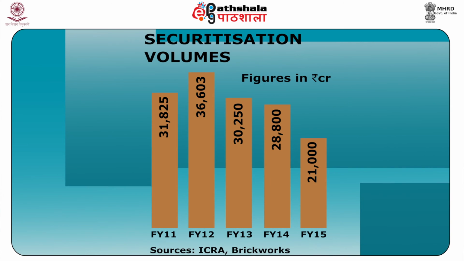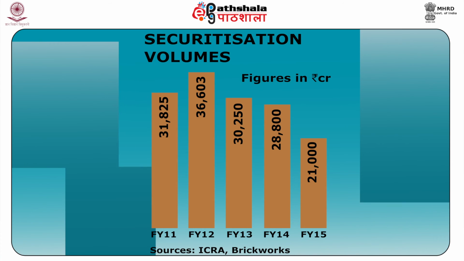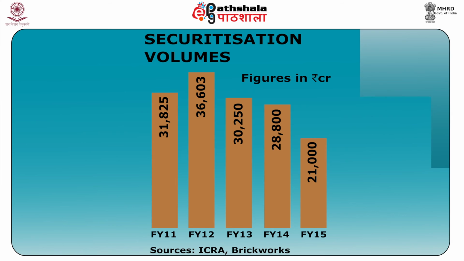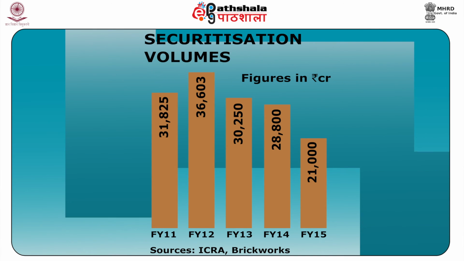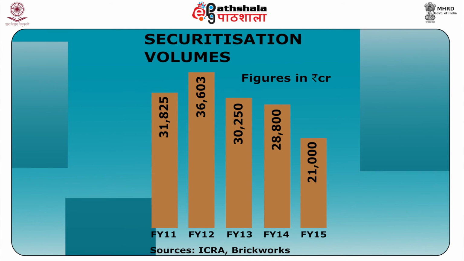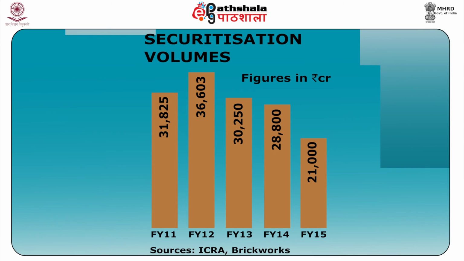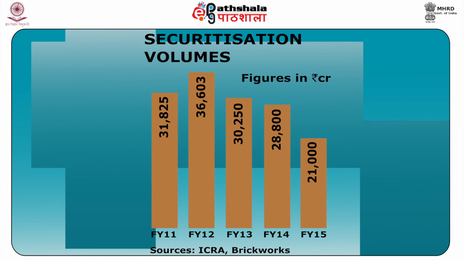As per data released by ICRA Brickworks, the pace of loan securitization slowed sharply in 2014-15, with transaction volume of rupees 21,000 crores against rupees 29,000 crores in 2013-14, as shown in the figure.